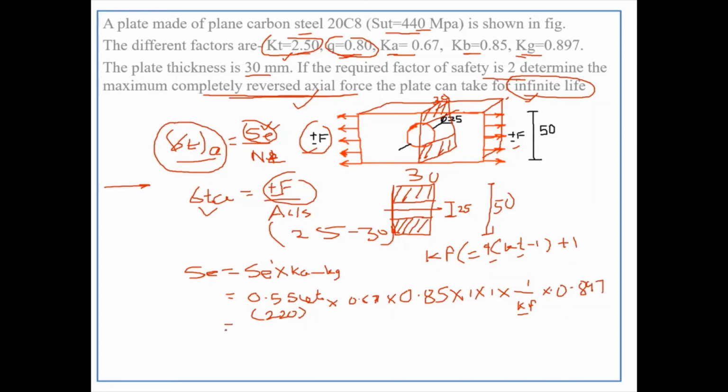Hence, after putting all these values, the value of Sc that we get from this equation is 51.08 megapascal. So you have to calculate on your calculators, and cross-check whether the answer is coming to 51 megapascal or not. This Sc we have to put in the equation of tensile stress amplitude, Sc upon Nf.